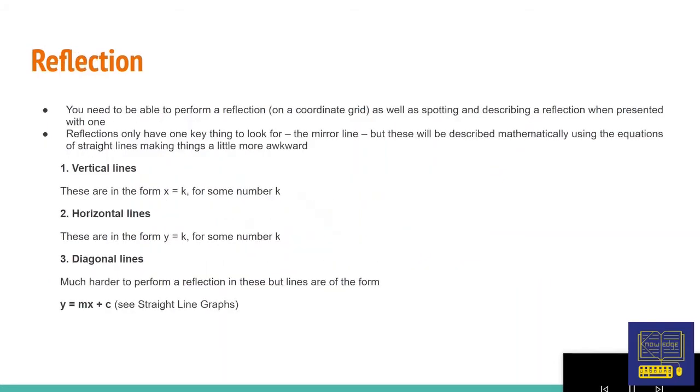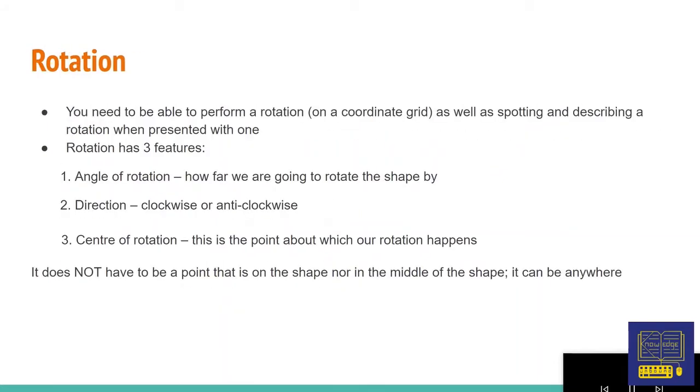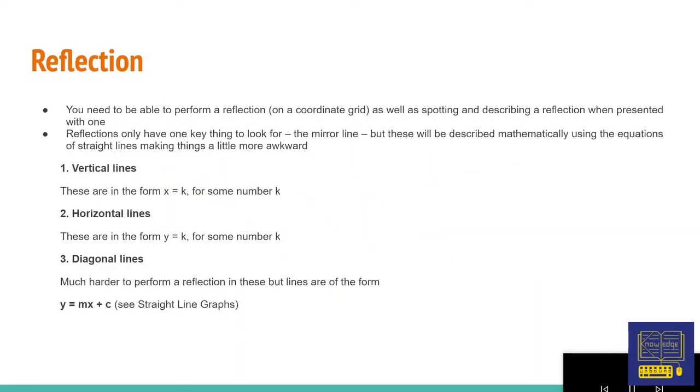Second, direction, clockwise or anti-clockwise. Third, center of rotation. This is the point about which our rotation happens. Point to be noted over here is that the center of rotation does not have to be a point that is on the shape nor in the middle of the shape. It can be anywhere on the grid.